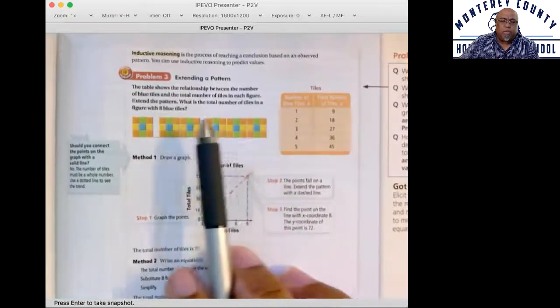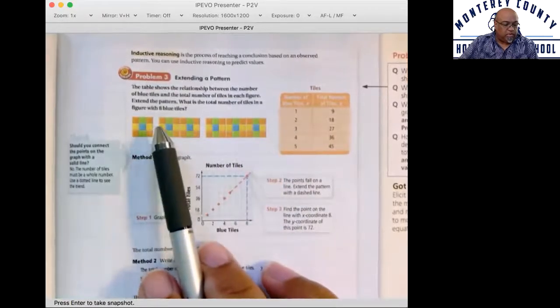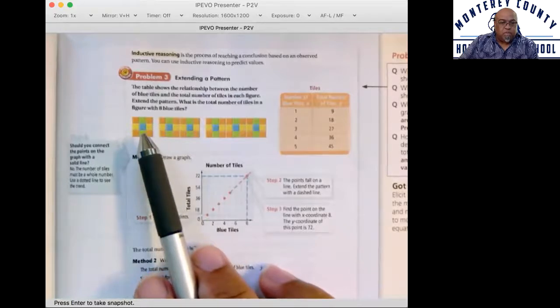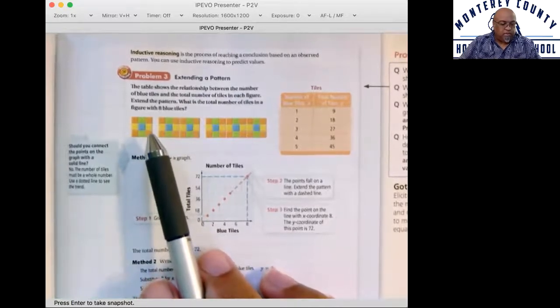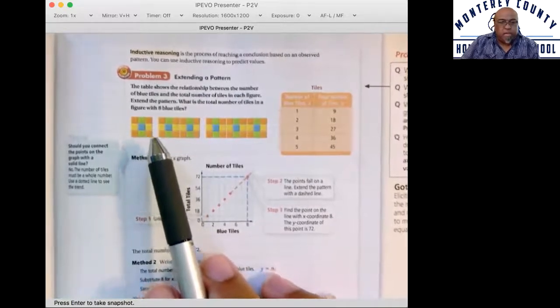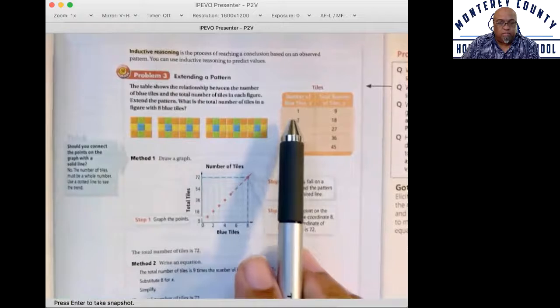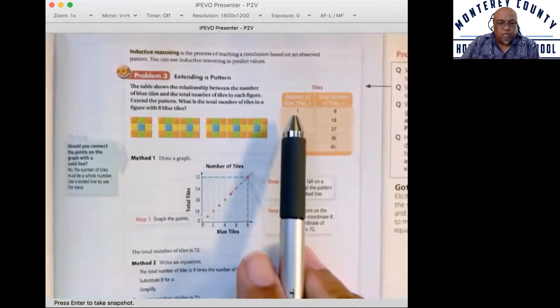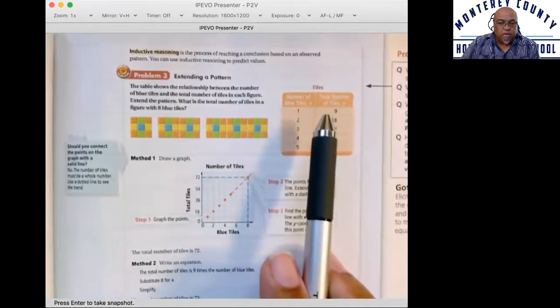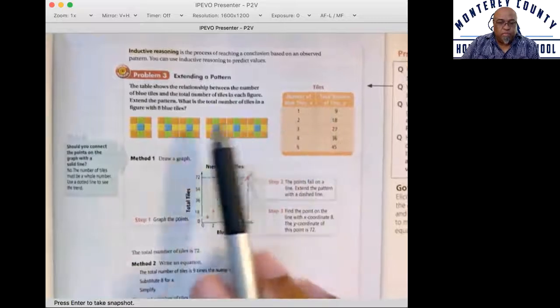So it seems a little weird. I'm counting the blue one twice. But let me just be clear on this. So the first one, I have 9 tiles. In the X part of the table, I'm counting the number 1, meaning 1 blue tile, and number 9 meaning the number of all tiles in each figure.